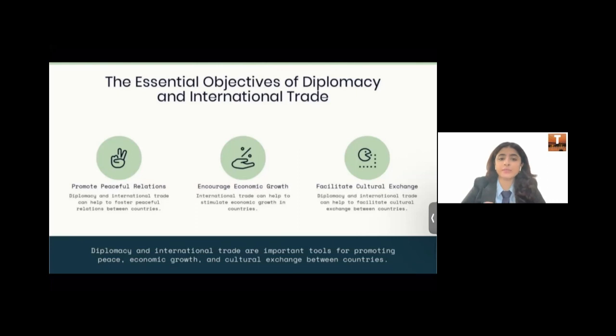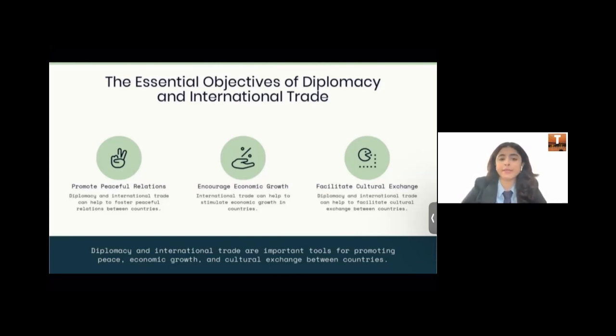International trade provides a platform for nations to engage in mutually beneficial economic exchanges, fostering cooperation and interdependence. So here we can see both at work, diplomacy and international trade. Their major objective of working together is to foster cooperation.